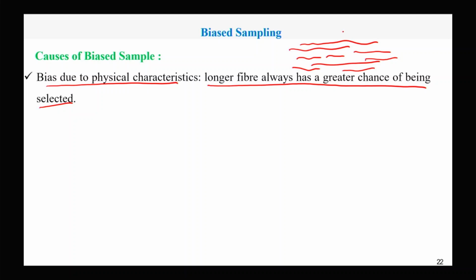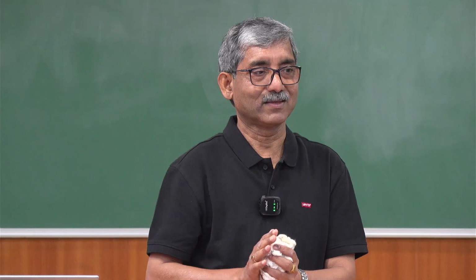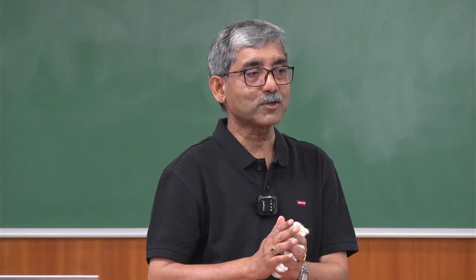Now if I grip at this point, or I can grip from this point, so this is A or this is B, whatever we do, if we grip at this point, all the longer fibers are selected. But this short fiber is selected only for A, but with B it's not selected. So depending on the fiber length, the longer fiber has a higher proportion of being selected.